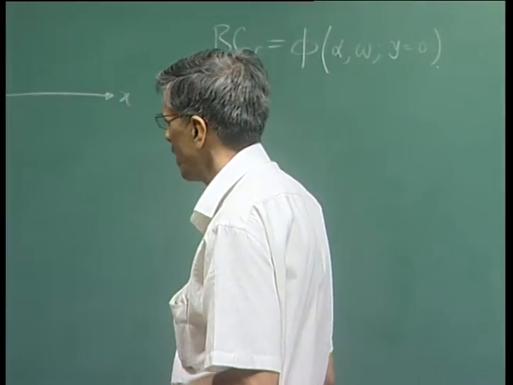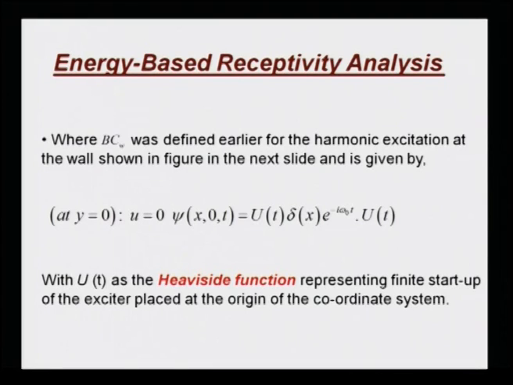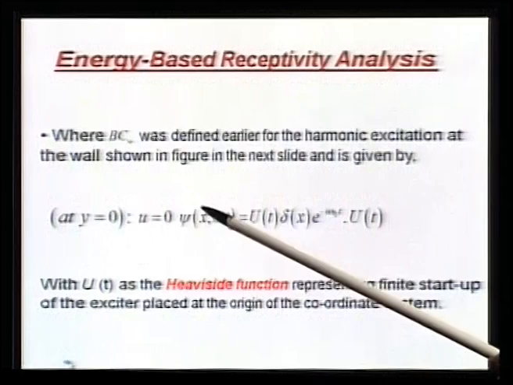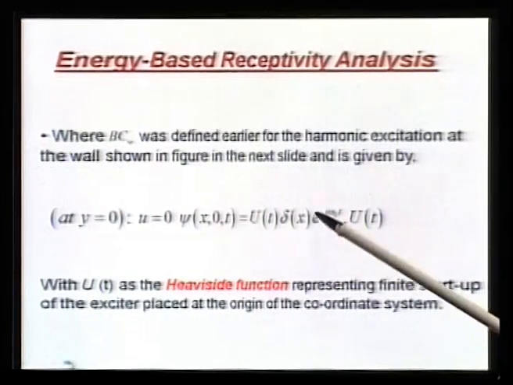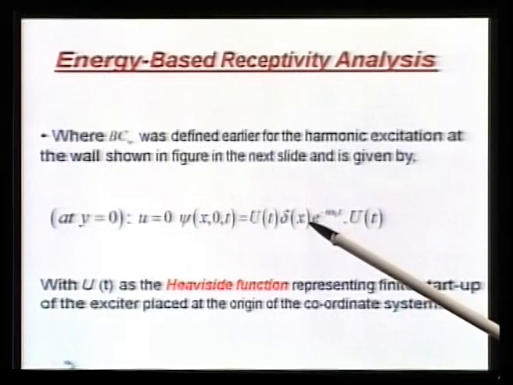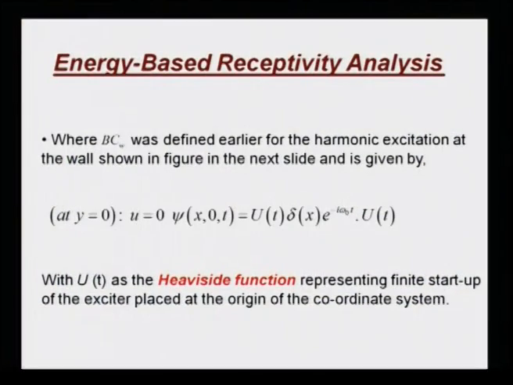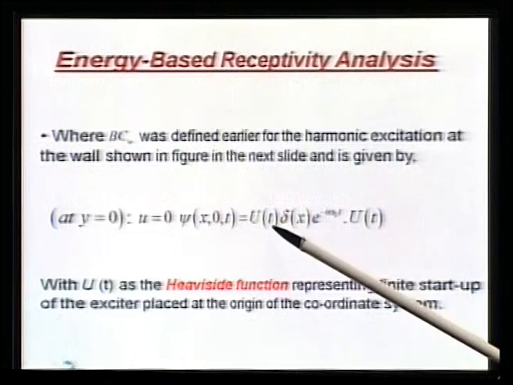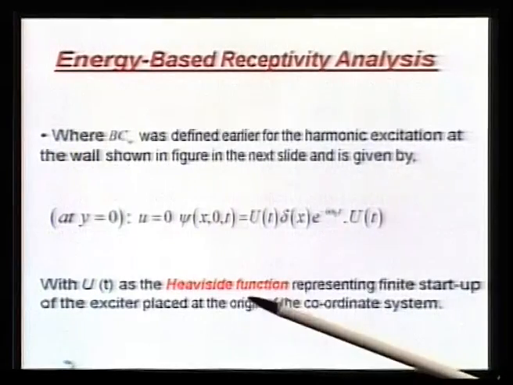And you can notice that there are possibilities that at the wall you will have a no slip condition, and we can have a kind of localized disturbance source, which is indicated by this delta function. That is one thing in terms of spatial localization. And we also wanted to know about its finite startup time, which would come through this kind of Heaviside function.